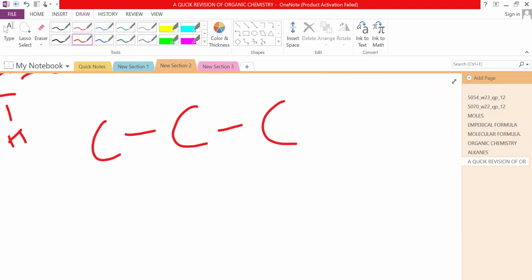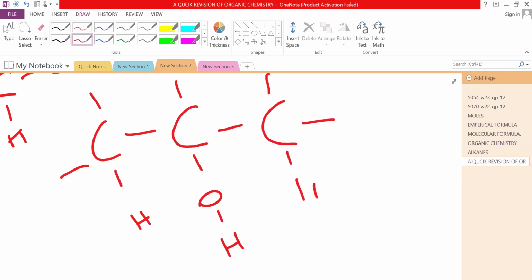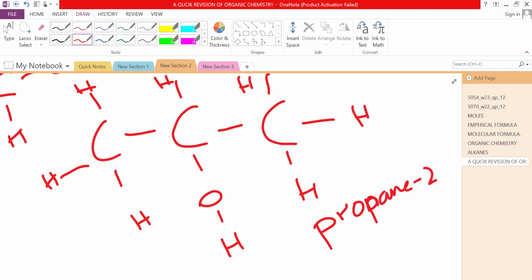The structure contains 3 carbons, so it is prop, and the OH is on the second carbon this time. So when the OH is on the second carbon, you write the name propan-2-ol.